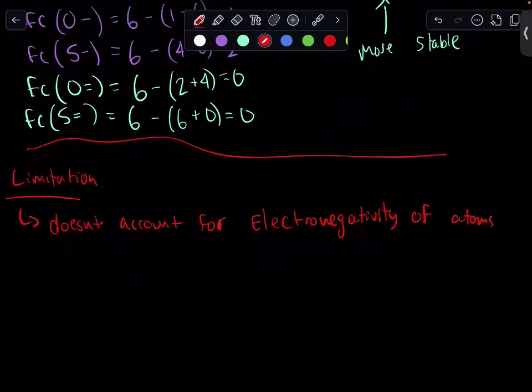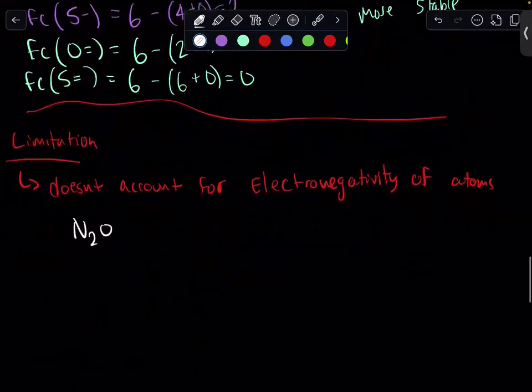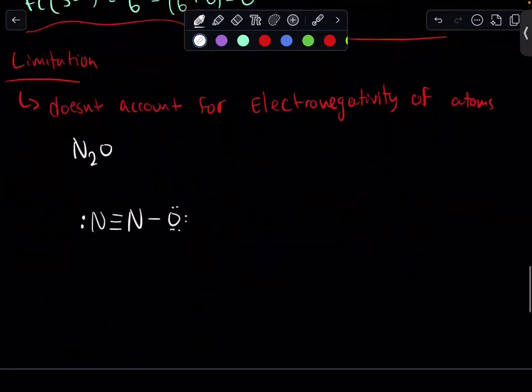Well, when we look at dinitrogen monoxide, N2O, we could draw it in a couple ways. We could draw it such that we have a triple bond to another nitrogen and a single bond to oxygen. We could also draw it where it has a double bond to a nitrogen and a double bond to an oxygen.